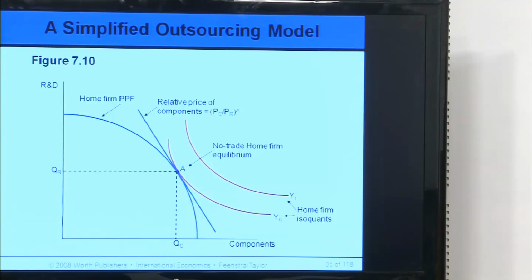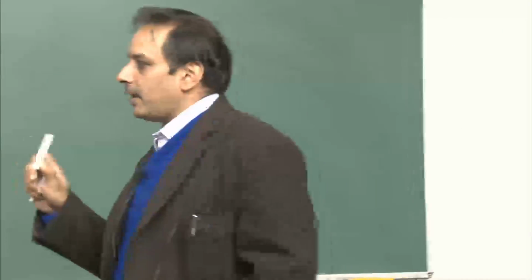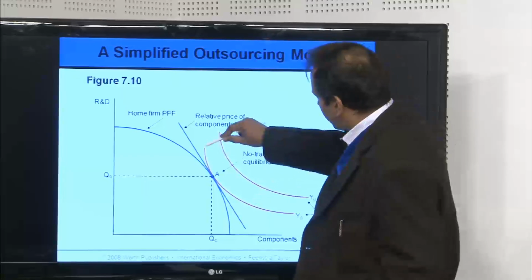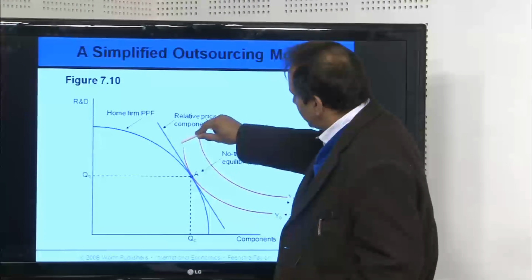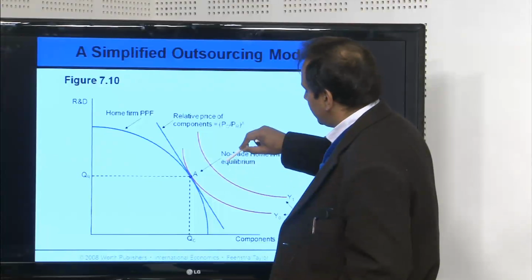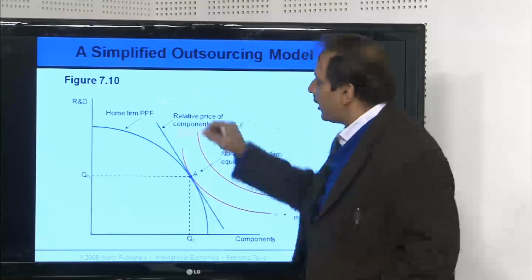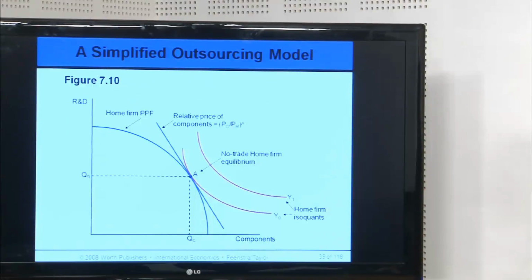Please recall, the isoquant shows different combinations of capital and labor or the factors of production which will give you the same level of output. So, this is an isoquant depicting a certain level of output of components and R&D. So, this is a no trade situation.